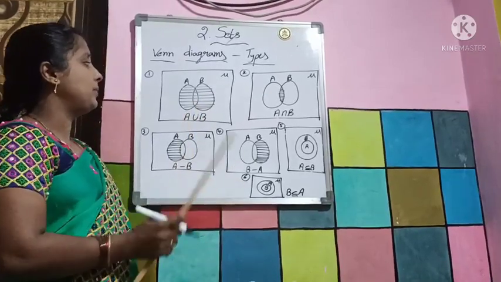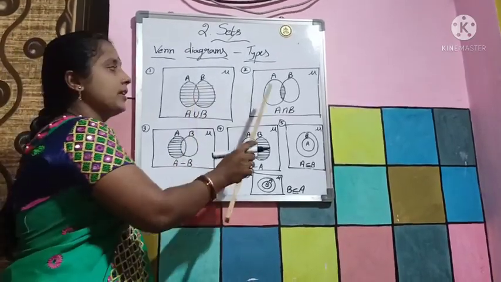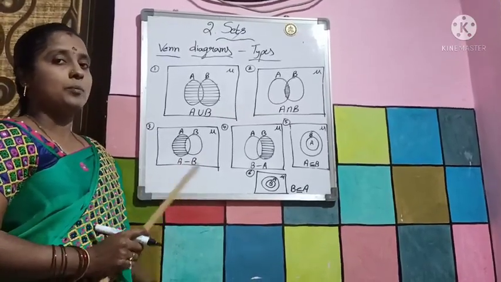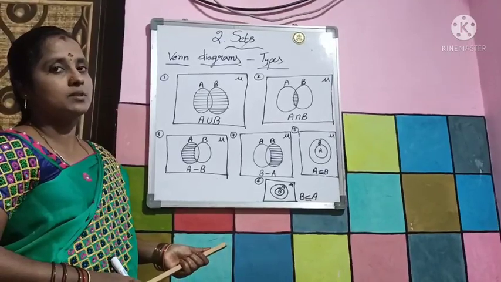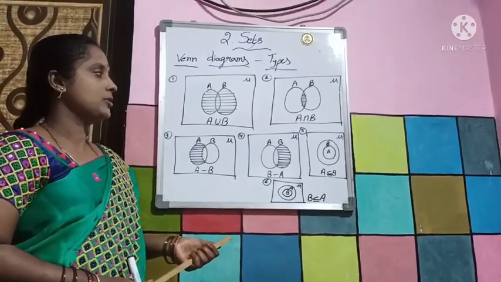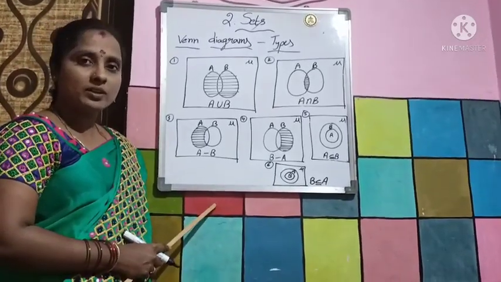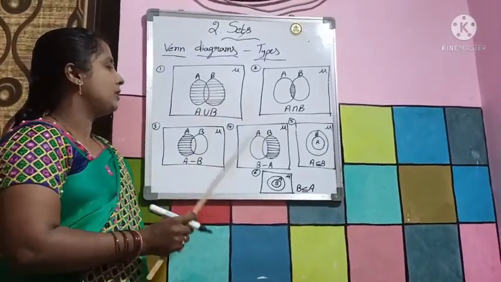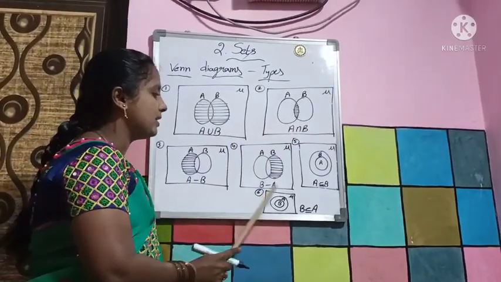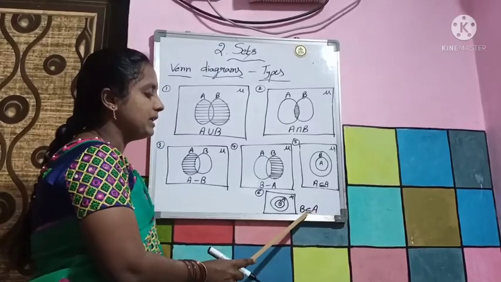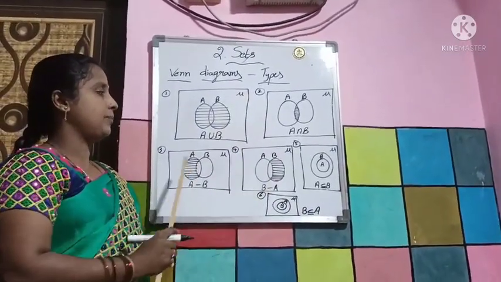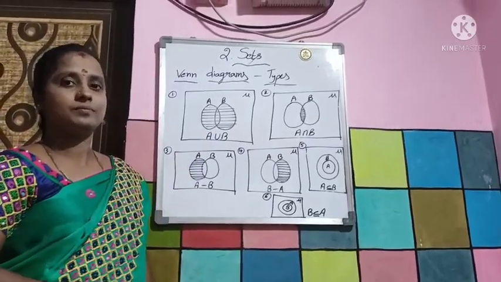Venn diagrams are asked in the public examination. Students, this is a very important topic, and we draw A union B, A intersection B, A minus B, B minus A, A subset B, B subset A. We learn to do these types of Venn diagrams.